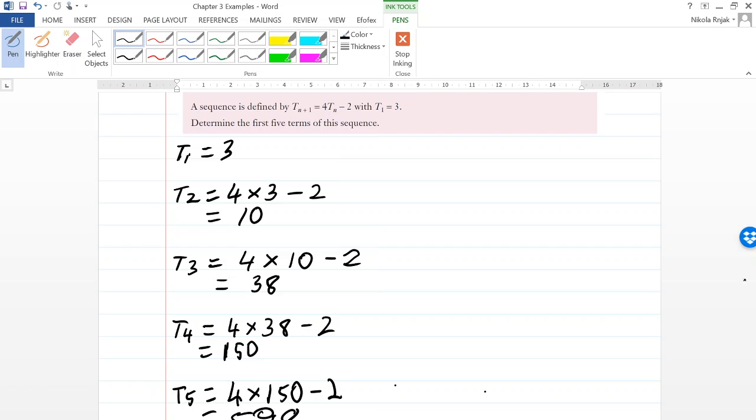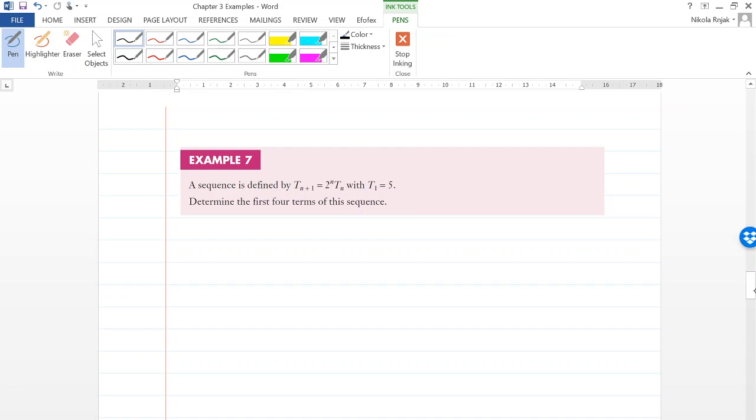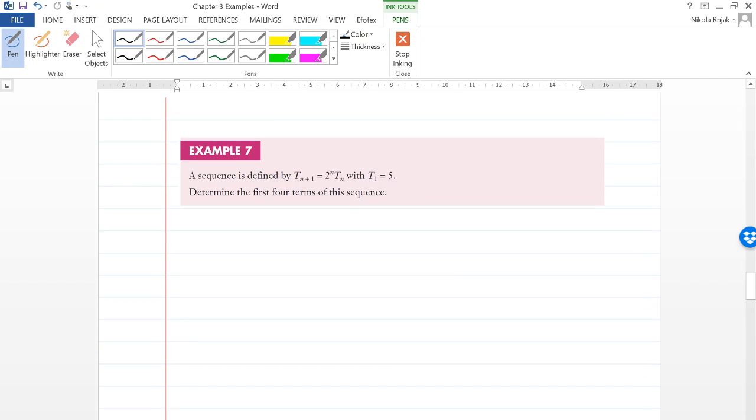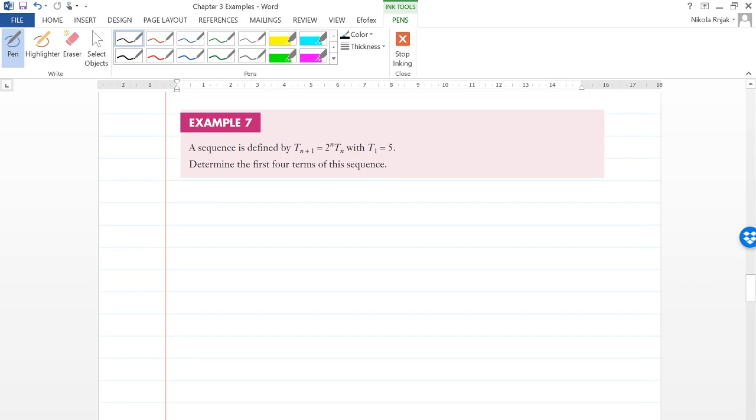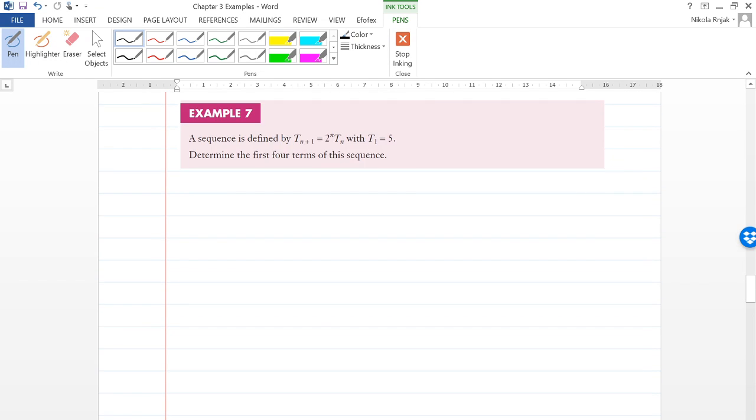Okay, let's move on to example 7. Okay, so example 7, a little bit trickier. Alright, so example 7 is here. Let's get straight into it. So, we already know that term 1 is equal to 5.